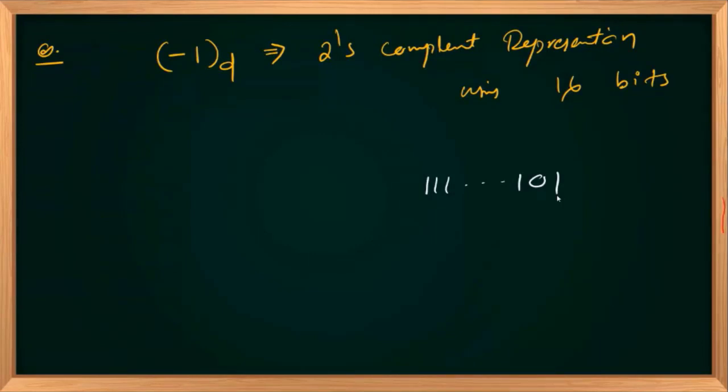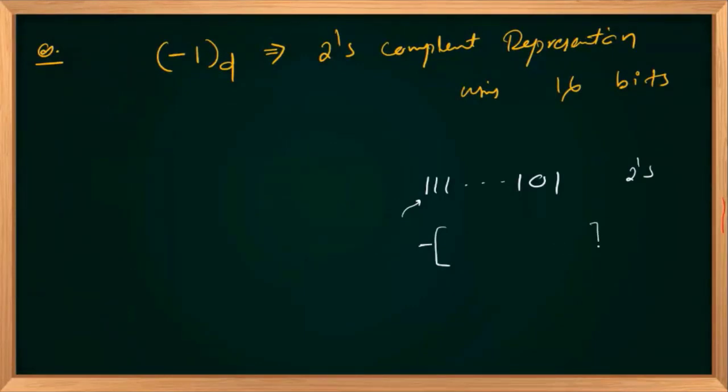If this is a representation using 2's complement, the MSB is 1, so the number is negative. Then all ones, Anjana says all ones, very good. Before evaluating the magnitude, I should take the complement. Which complement? 2's complement.